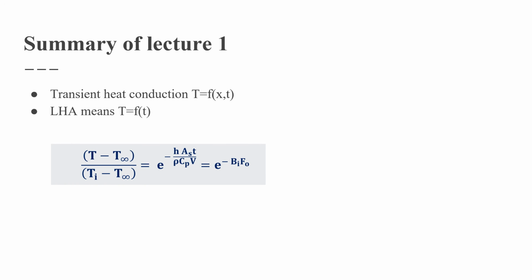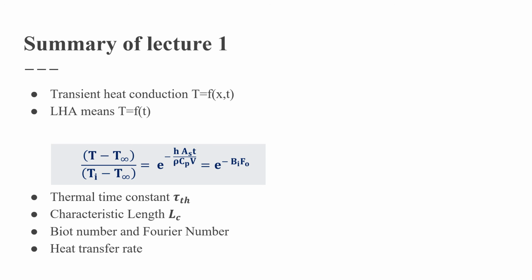And we derived the expression for temperature, (T minus T infinity) by (Ti minus T infinity) equal to e power minus hA by rho CpV into t. It can be written in the form of dimensionless numbers, Biot number and Fourier number, and also in terms of thermal time constant. What is the importance of thermal time constant? We have seen what characteristic length is, the two numbers, and finally we ended up deriving the heat transfer rates, instantaneous heat transfer rate and total heat transfer.